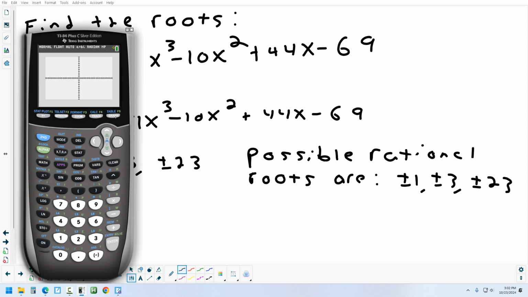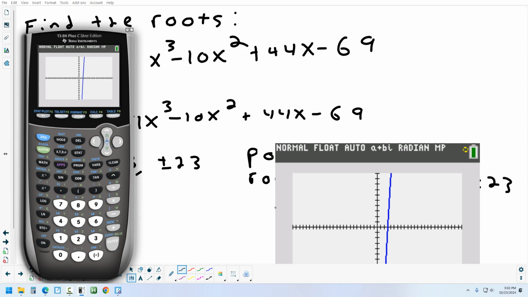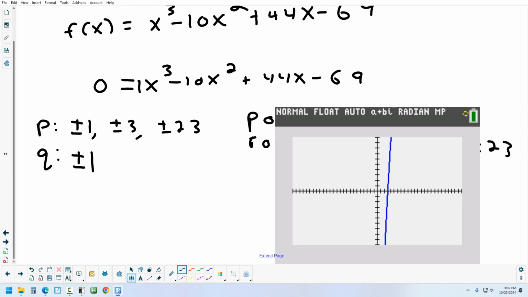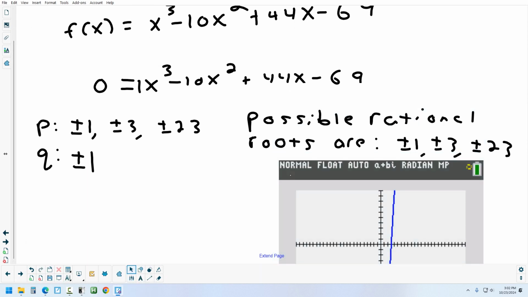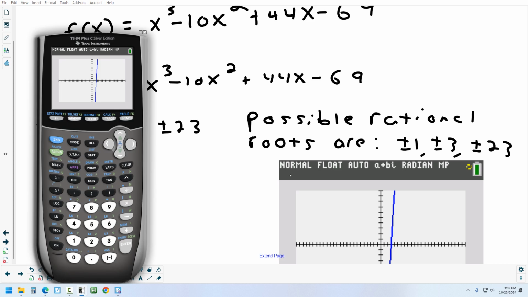Okay, so out of all the choices we have listed, which one seems like it could be a possibility? 3. Yeah, I would say 3. So let's go to trace, press 3, and yes, it is. So when we trace to 3, we get a root.